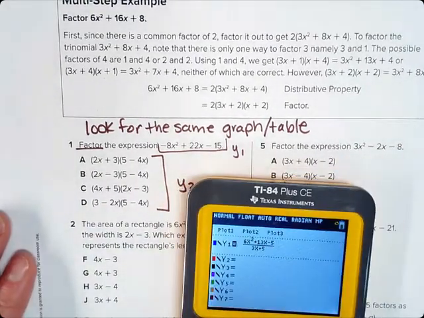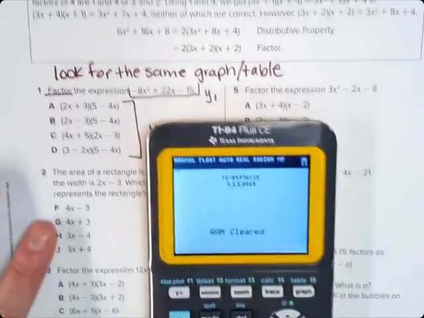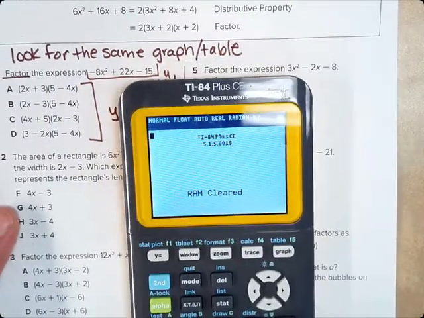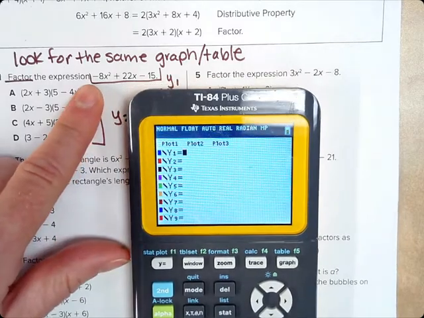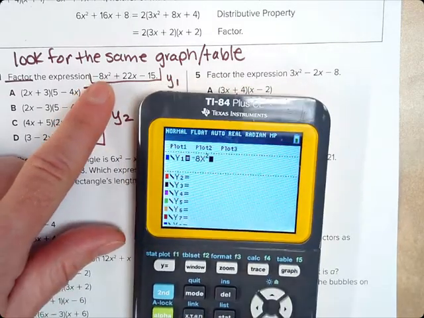So go to y equals. I'm going to clear out the memory on my calculator so it's all set back to the original. Okay, so in y equals, let's put our original equation in. And this is a quadratic function because it has the squared.